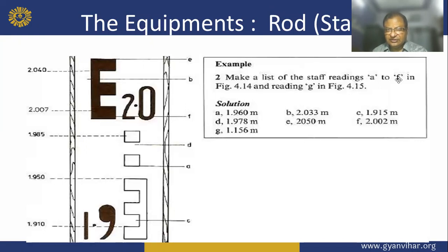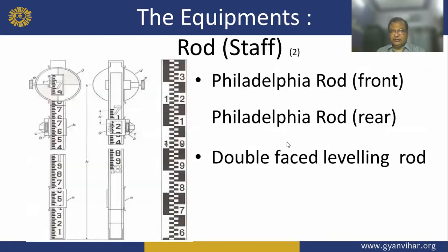This is the equipment, the rod. You can see that it is a staff. Now the equipment: rod or staff, Philadelphia rod, rear and double faced leveling rod.